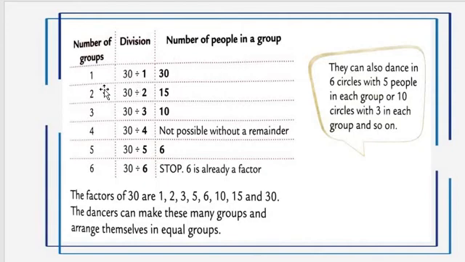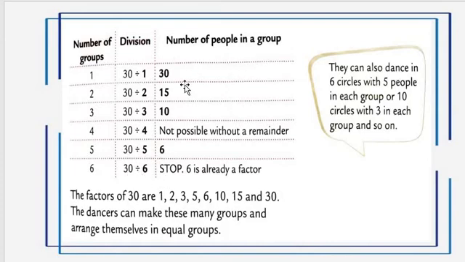So how many groups are we making there? 1, 2, 3, 4, 5 and 6. And the division is 30 divided by 1. Yes, we make one group. Then 30 divided by 2, 30 divided by 3, 30 divided by 4, 30 divided by 5 and 30 divided by 6.